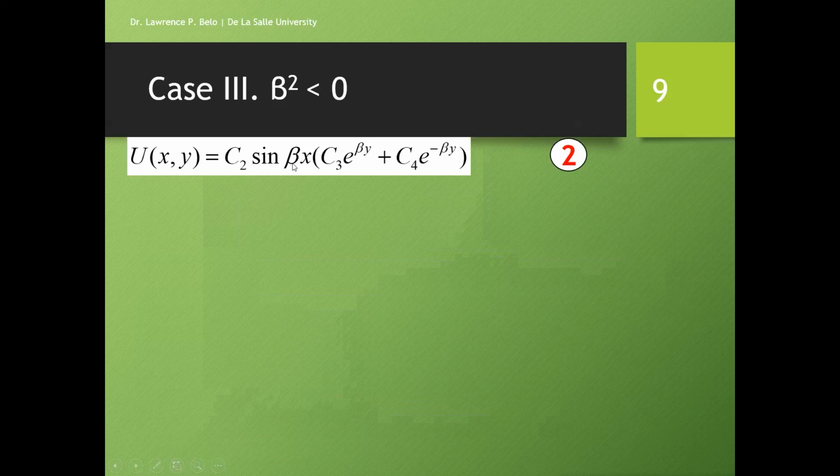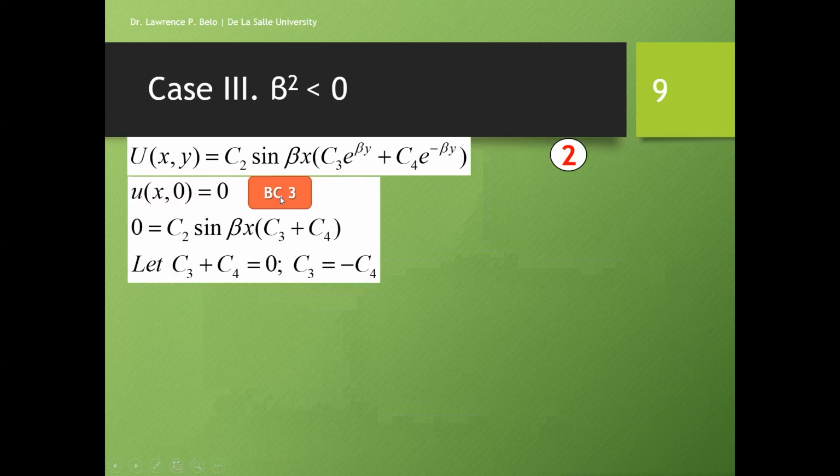Now that you have equation number 2, guys, let's apply another boundary condition. Boundary condition 3, kasi yun yung may 0 eh. Okay, yung y naman daw yung 0 sa kanya. So, in this case, here, this one becomes 1. So, C3 plus C4. So, with this line, if we let C3 plus C4 equals 0, C3 is negative C4.